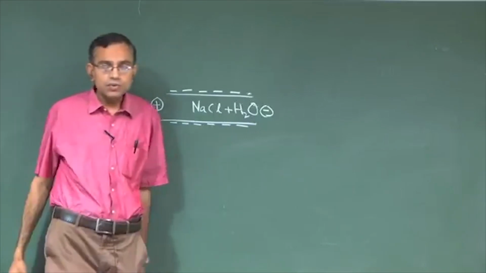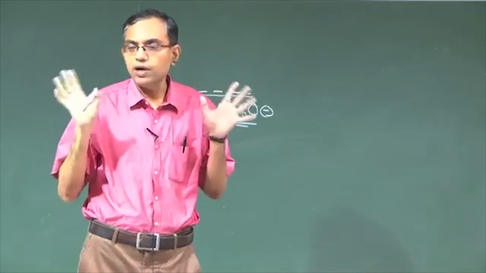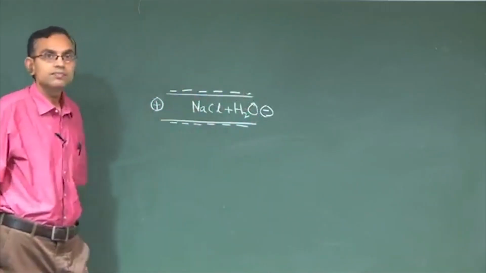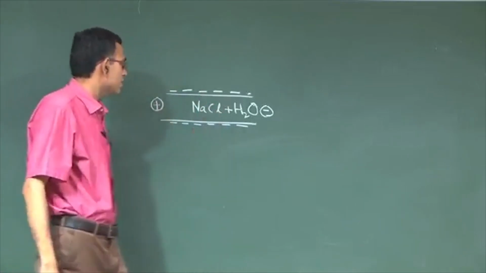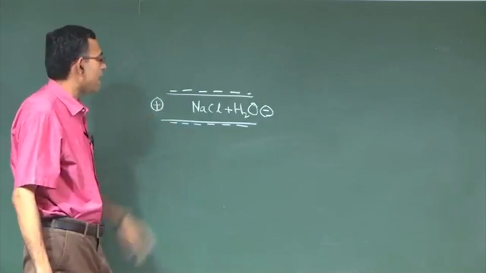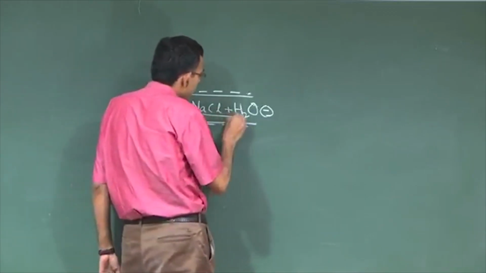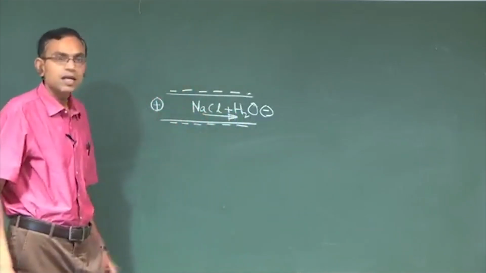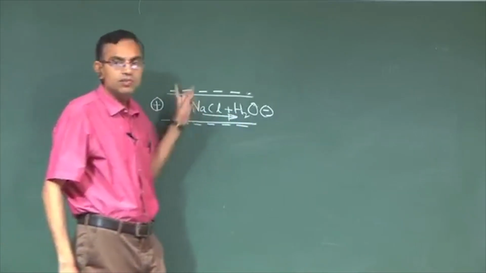What kind of charge it will have, and how, we will come to later. Just for the sake of argument, let us say that it has negative charge. Once it has this negative charge and you apply this bias, you will see that there is a flow of this salt water from the left towards the right. This is known as electroosmosis.